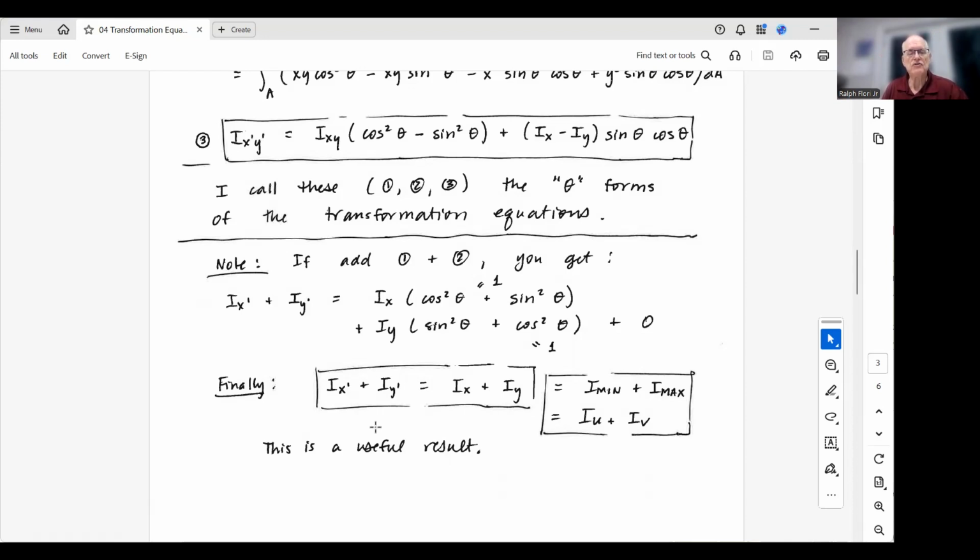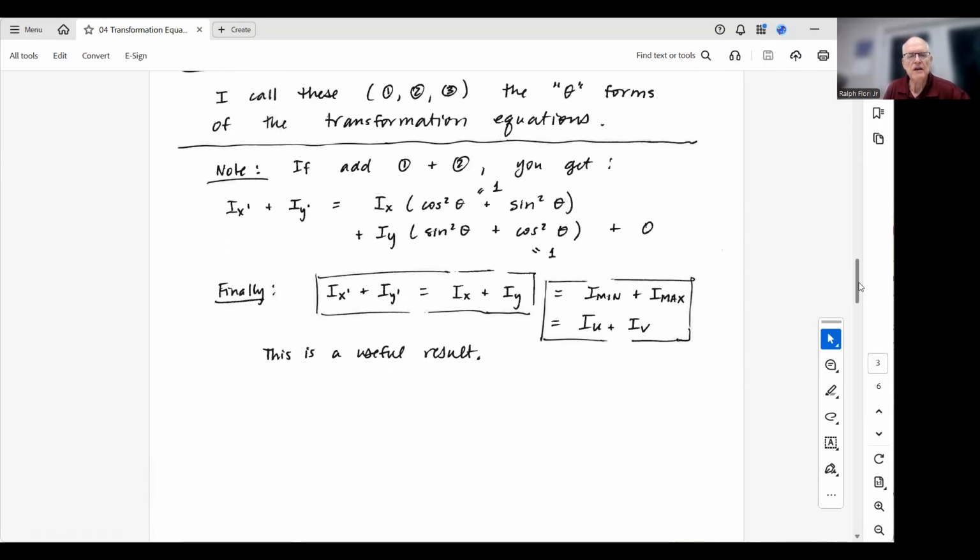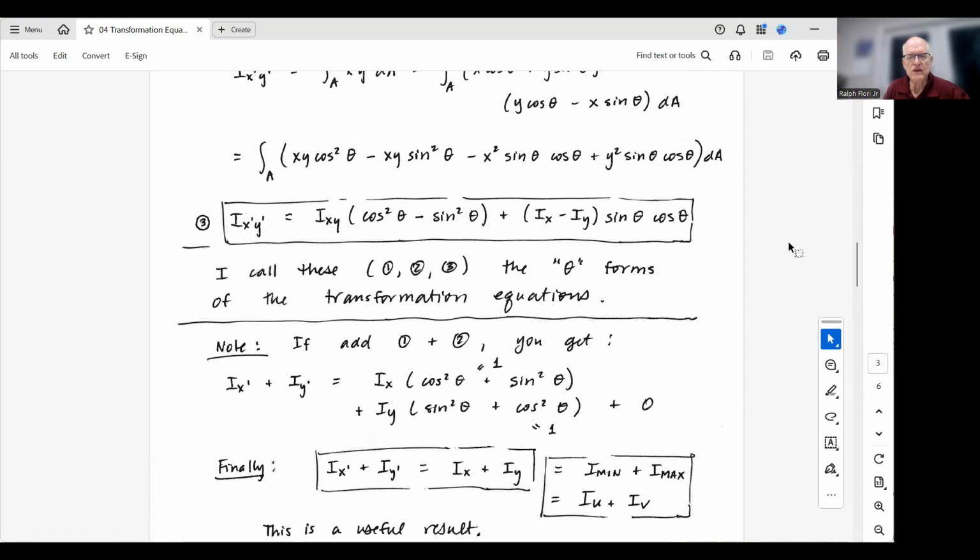The other thing that's interesting is if you divide all of these by 2, then you basically get an I average. So an I average is equal to Ix plus Iy over 2. So all of these combinations of I share the same I average. And what you're going to learn when we get to Mohr circle is that the center of Mohr circle is I average. And so you'll see that there. So these are the theta forms of the equations.